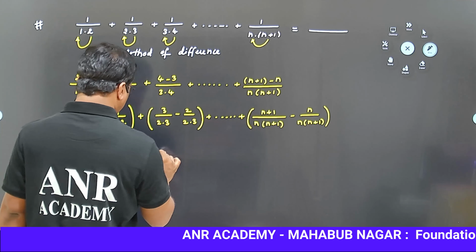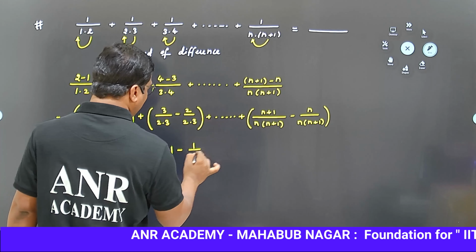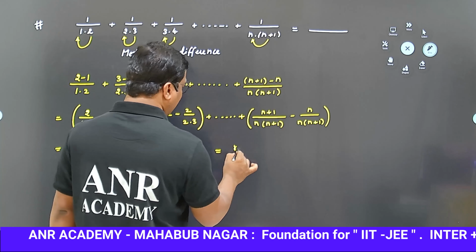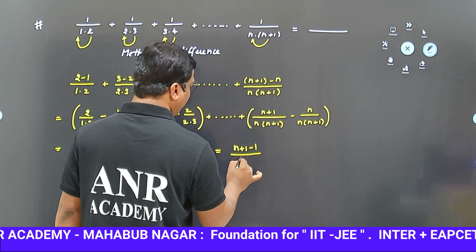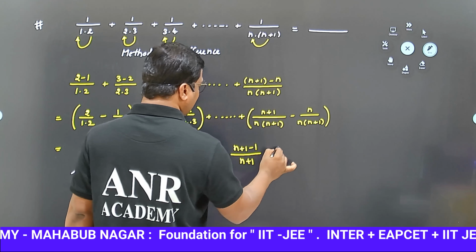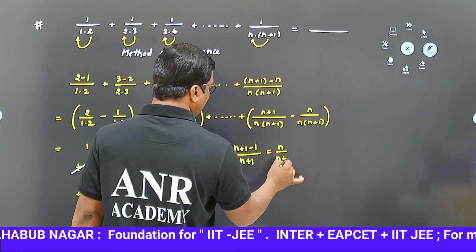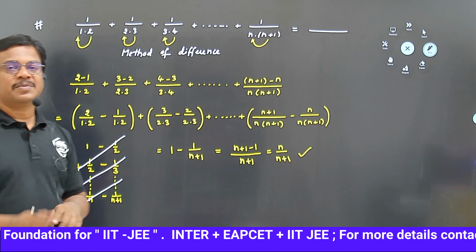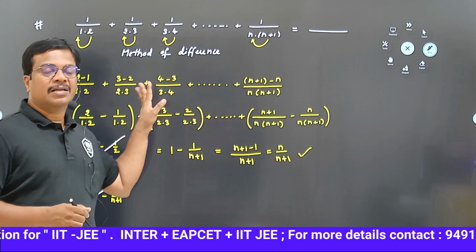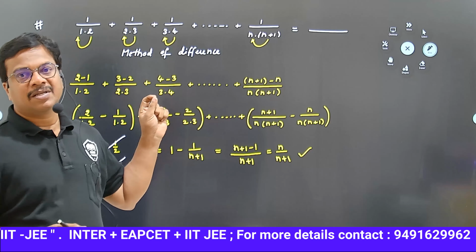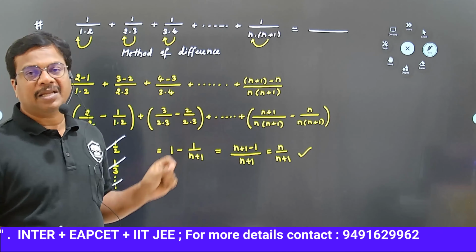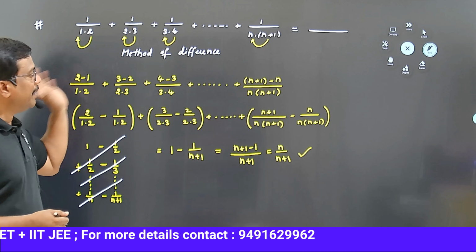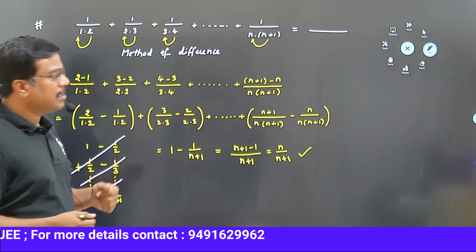So it becomes 1 minus 1 by n plus 1, that is n plus 1 minus 1 divided by n plus 1. On simplification we get n by n plus 1. That is the sum of these n terms. Clearly the sequence of terms is not in AP as well as GP, so the breakdown here is the method of difference. Let us discuss the next one.